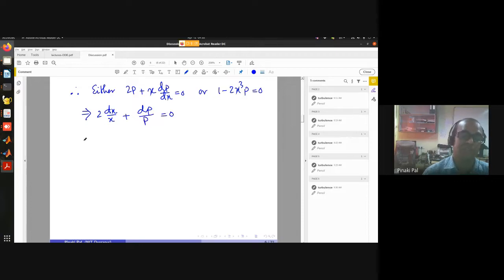If we integrate this, what we will get? x squared p equal to c. You can adjust the arbitrary constant c in this fashion. So this is my equation number 9.